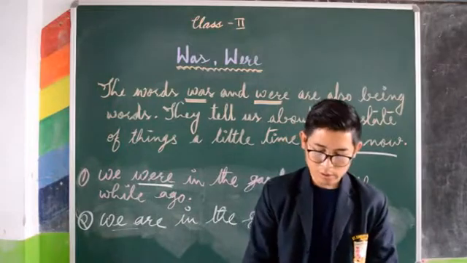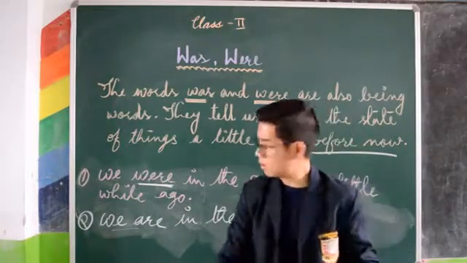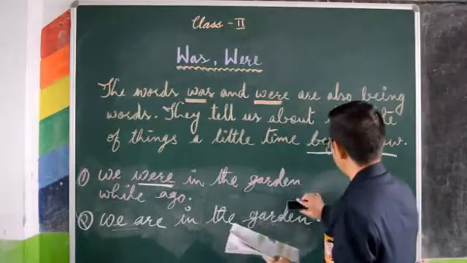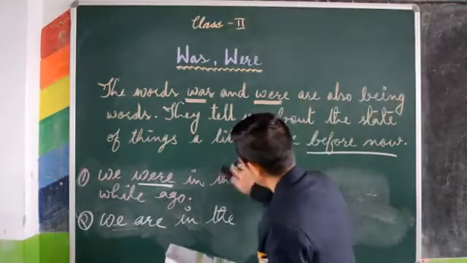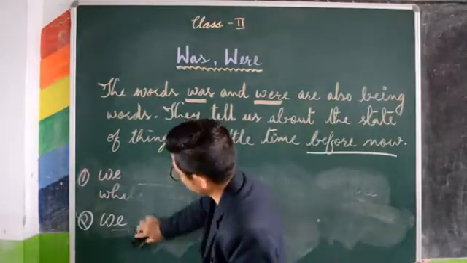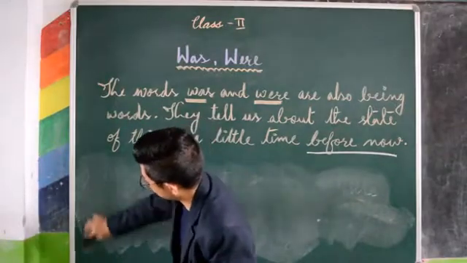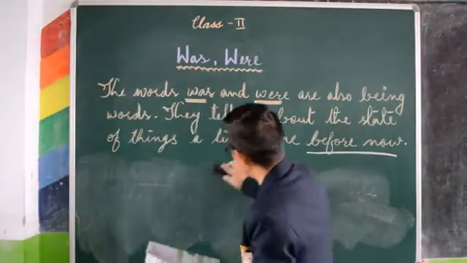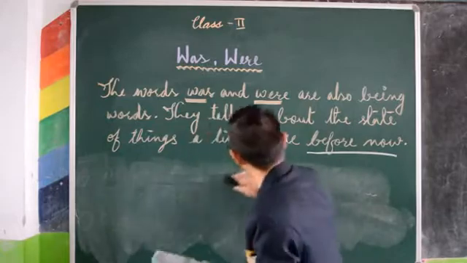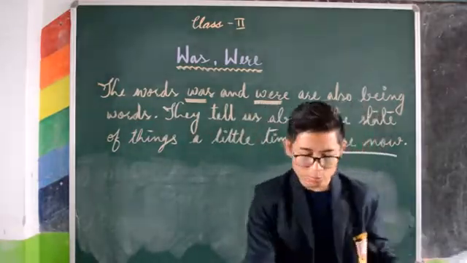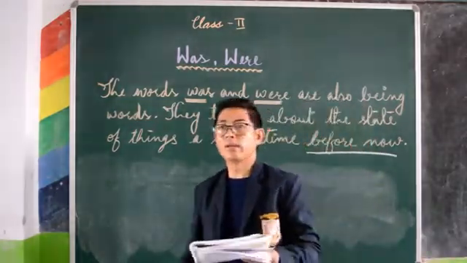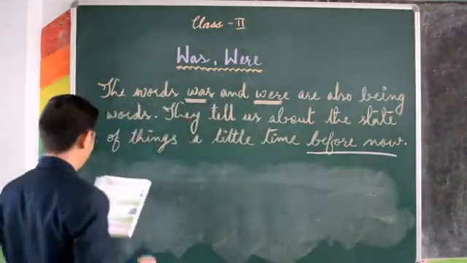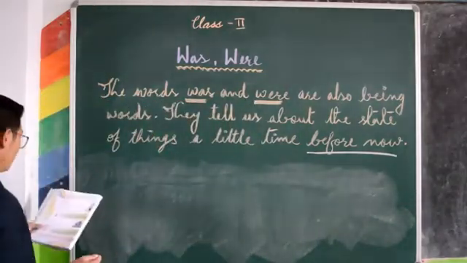Let me write this one. As I told you, for singular we use was, like we have used is for singular, and for plural we use were, like we have used are for plural.